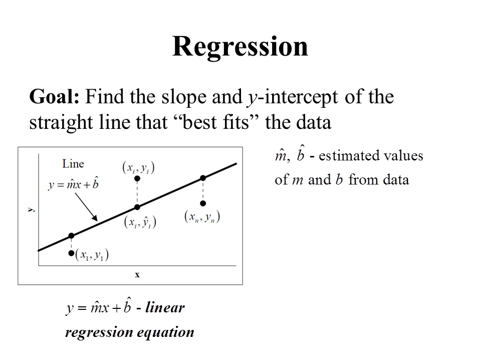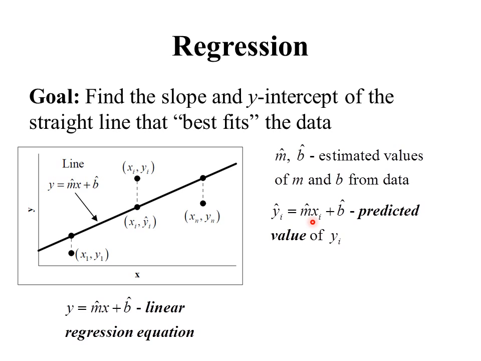Okay. Now let's talk about this point right here, which is on the line. Notice that the x-coordinate of this point is the same as the x-coordinate of this actual data point. Now this y-coordinate is different than this y-coordinate. This y-coordinate is on our straight line, and so we can calculate it very easily by plugging this x-coordinate into our regression equation.